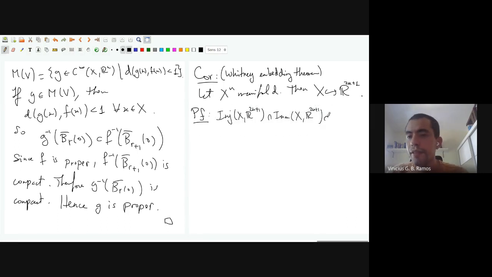So when you intersect this with the set of proper functions, then it has to be different from the empty set. So this is the proof. Okay, any questions?